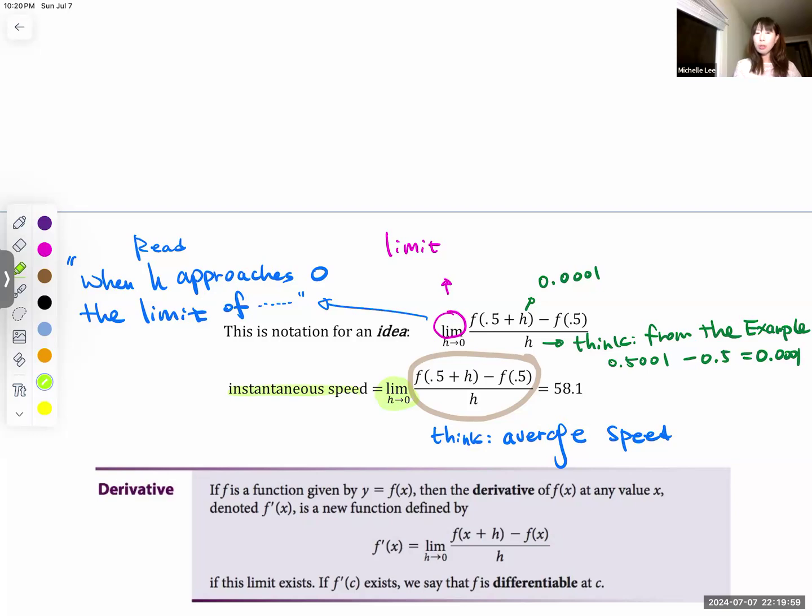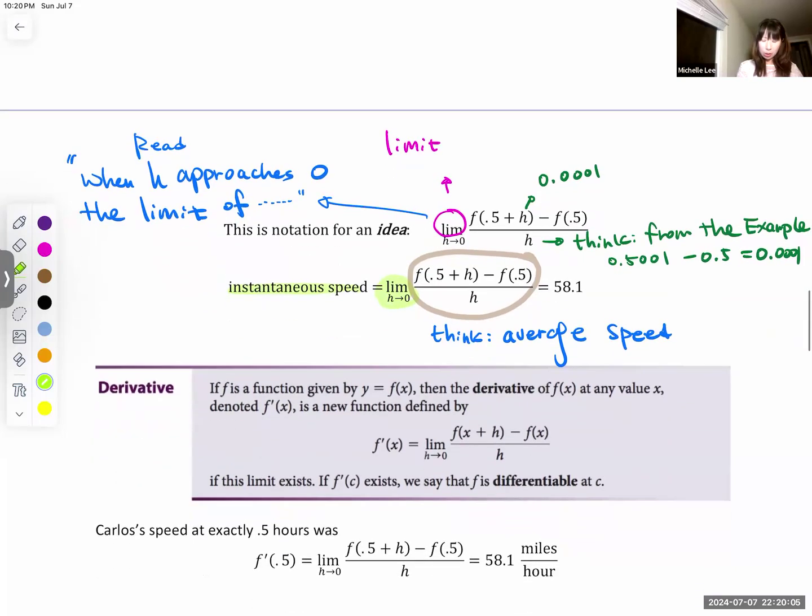Now, we have different terminology. We call all of this the derivative of the function. So let's take a look. The derivative of the function at any value x, we denote like this, right?